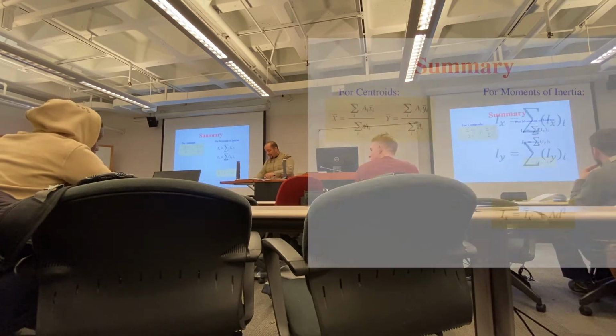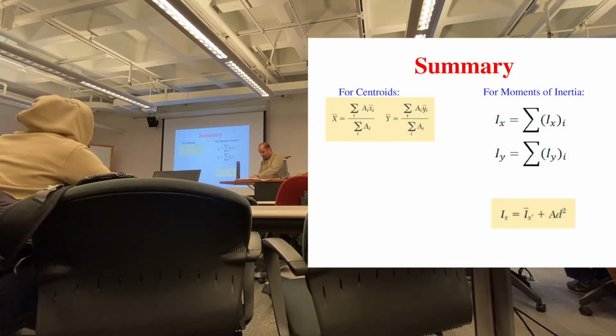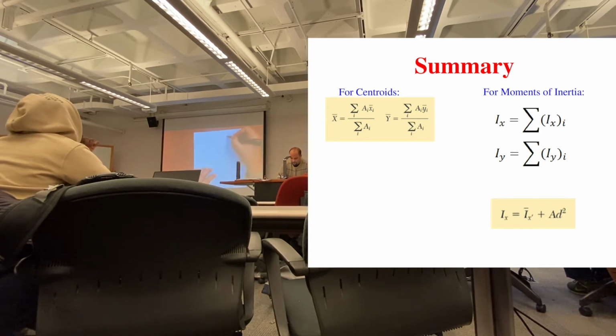If you don't have a regular shape, you have to divide it into pieces and rely on the parallel axis theorem. So if you have something like this, say this one, say this two, then your centroid is on the middle axis of symmetry, but you don't know this y bar.